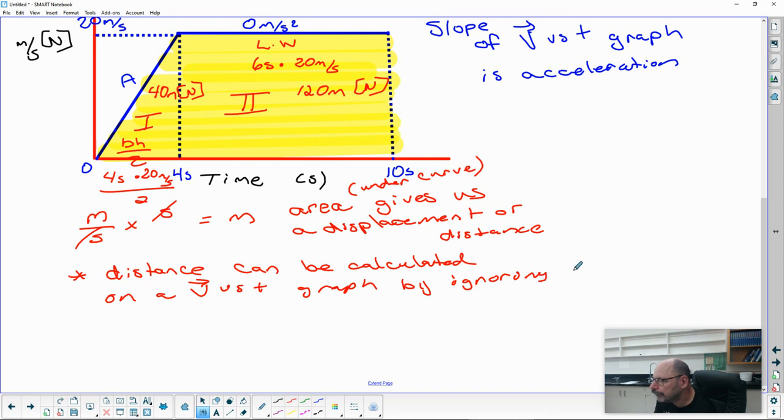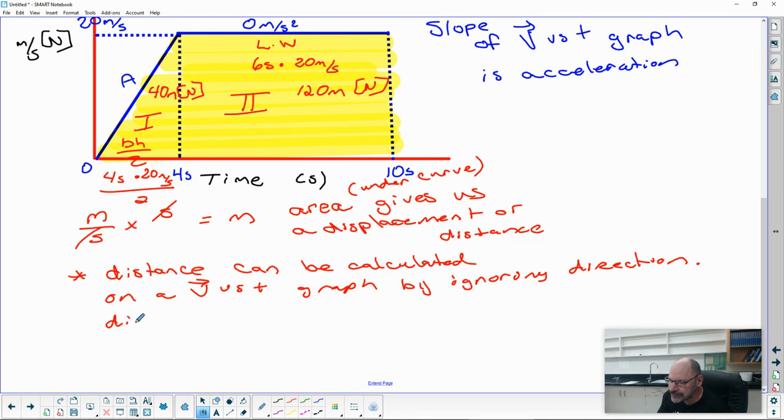Now, what we often do in physics is we often assign two directions, positive and negative. And then we just use algebra rather than saying north and south. Okay? We often just go with positive and negative values. Okay, so distance can be calculated on a v versus t graph by ignoring direction.